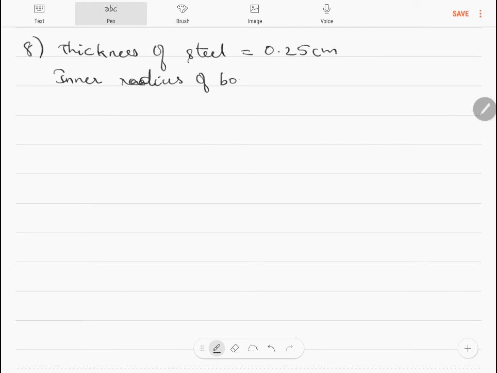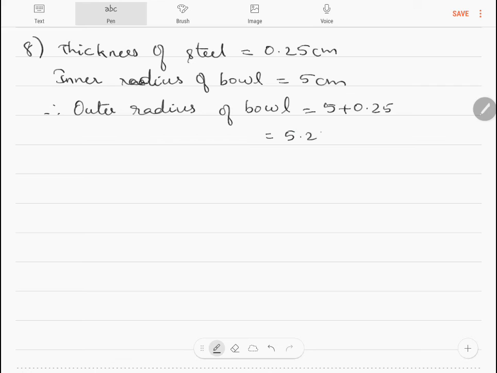Inner radius of the bowl will be equal to 5 centimeters. Therefore, the outer radius of the bowl will be the inner radius plus the thickness, which is equal to 5.25 centimeters.